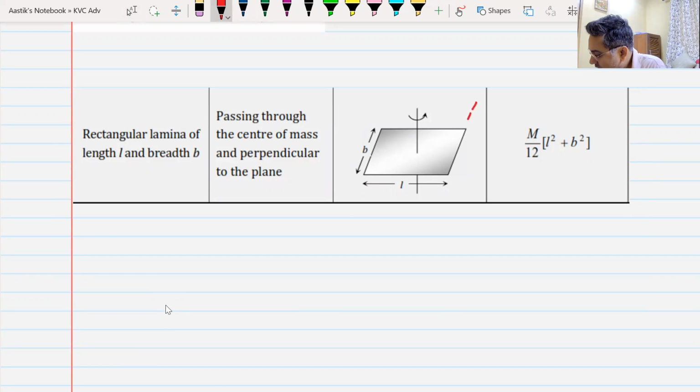What will be the moment of inertia about this axis? What will be the moment of inertia about this axis for a square plate? I mean, for a rectangular plate.